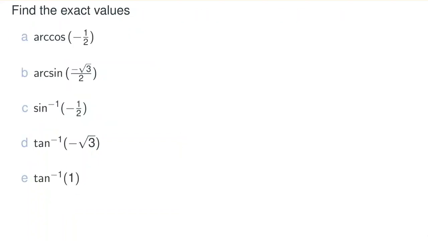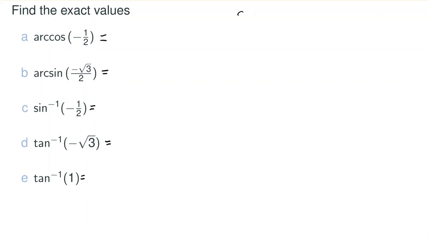Find the exact values. These are inverse trig functions, and although we will be referencing the unit circle, it is a little different. All these must have only one answer because these are inverse functions; each input must give us only one answer. That's why, as you may already know, we restrict the angle for each inverse trig function.